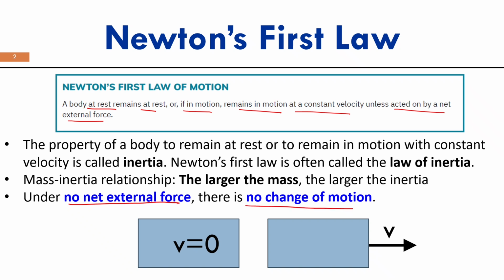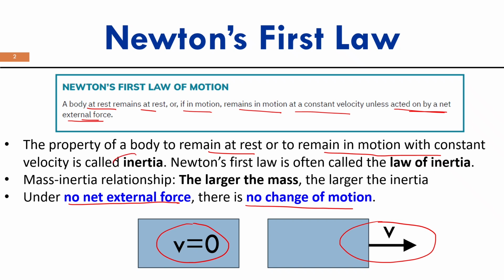So maybe in the beginning the object is at rest, then the object wants to remain at rest, or maybe the object is moving, it wants to remain in motion with constant velocity, unless a net external force applies to the object. So this is clearly a body wants to maintain its motion.